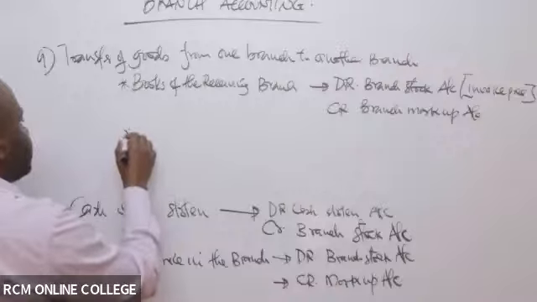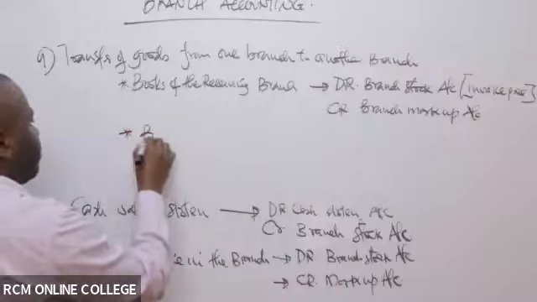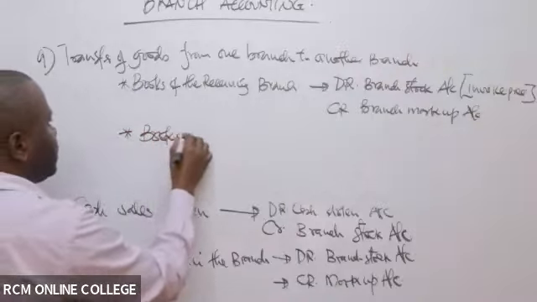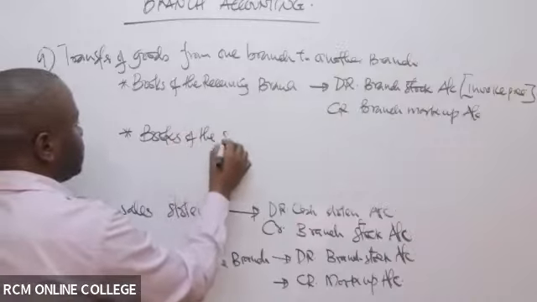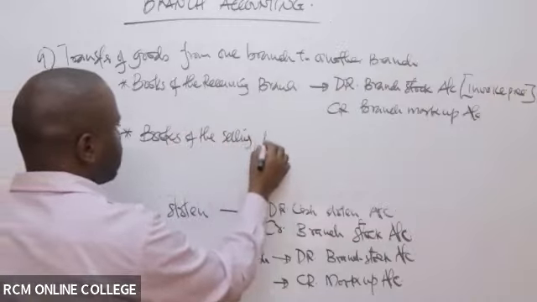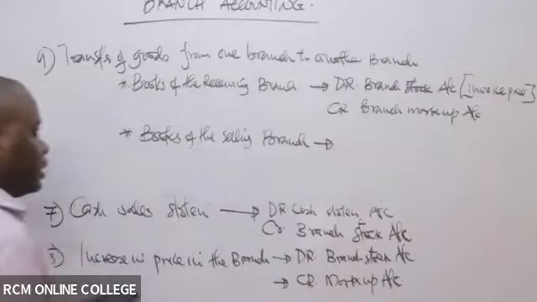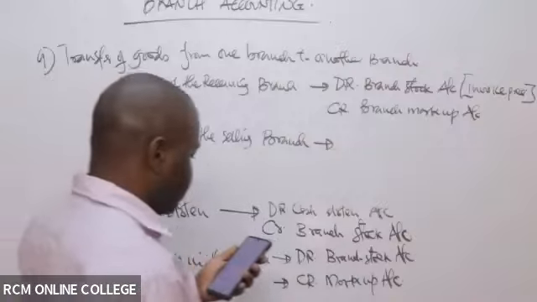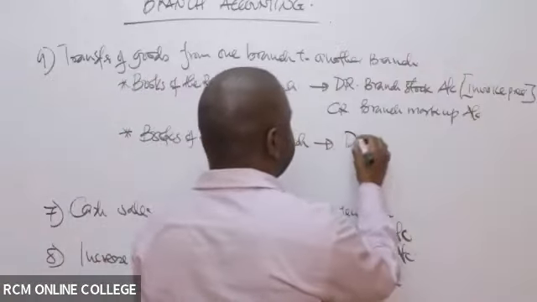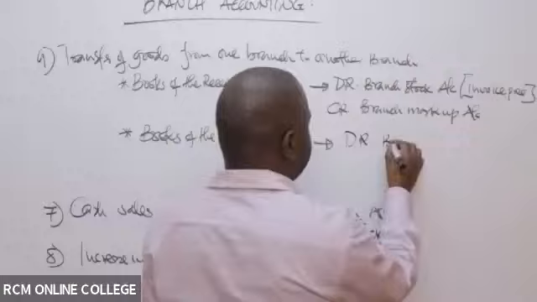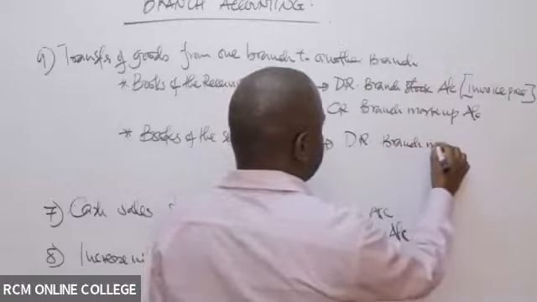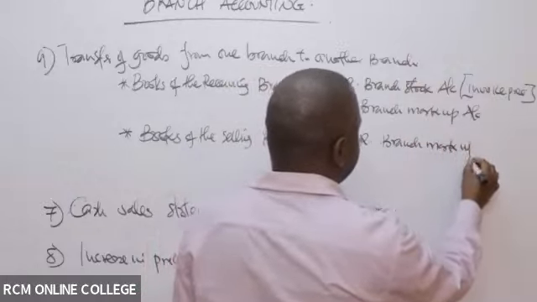Then in the books of the selling branch, the other branch that is sending out the goods, you'll debit the branch markup account, because it will be losing these goods.